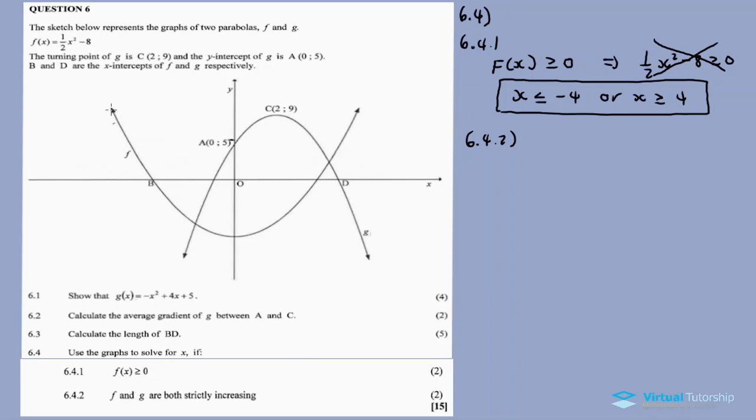Now taking f, when I start here it is going down, so it means it decreases, up until it reaches this turning point. From this turning point f starts doing what? Starts increasing, right? And then g, when I start here, it increases, and when it gets there it decreases again.